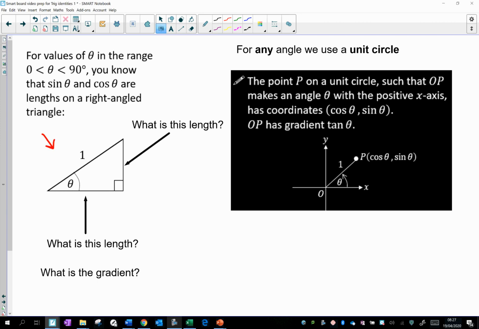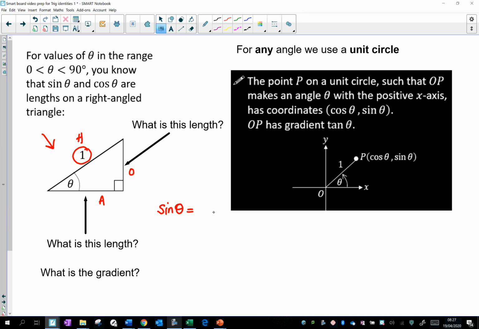It's a right angle triangle where the length of the hypotenuse, and that's really important, is 1. We have angle theta here, so we have the opposite here, the adjacent here, and the hypotenuse here. If we worked out sine theta, you know that sine theta is the opposite divided by the hypotenuse.